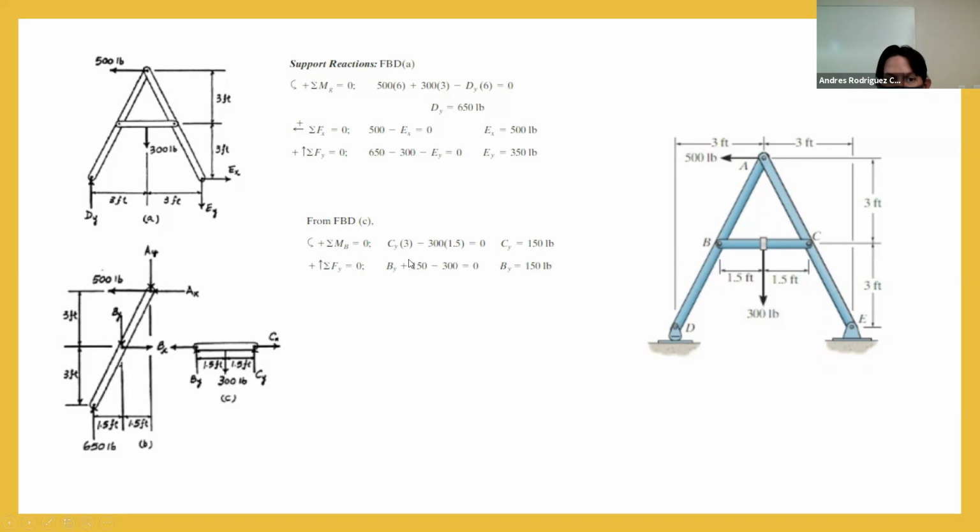The first one is going to be Cy multiplied by 3, and the second one is going to be 300 multiplied by 1.5. So we can obtain that the reaction in the Y direction at point C is going to be 150.